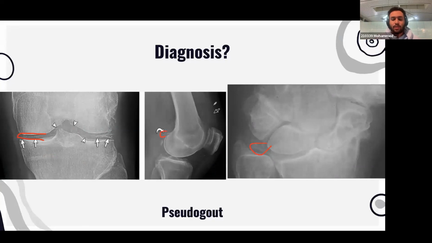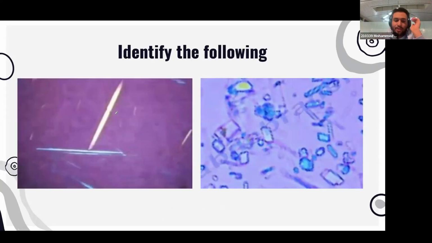Now, with all these cases, you have to take aspiration. When you do aspiration, you want to see it. Tell me what this image is first. Gout. The other image? Pseudogout. Good. Now, when you're checking for birefringence, if it's negatively birefringent, then it's gout.